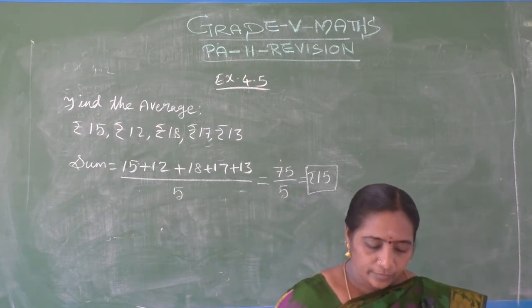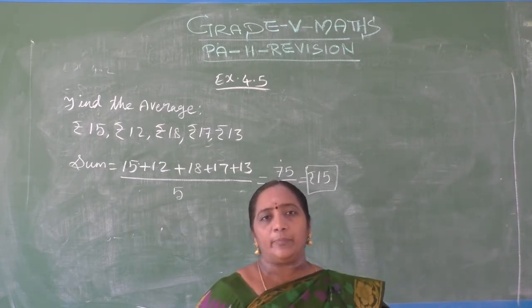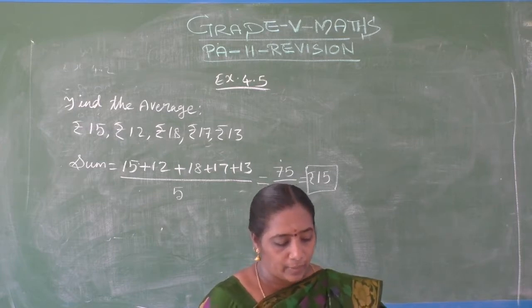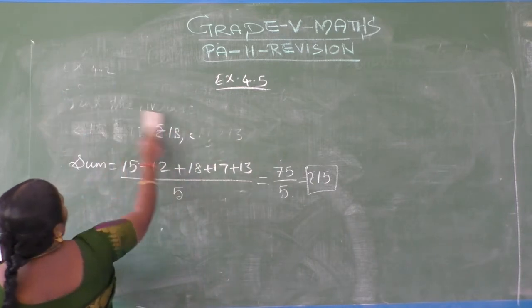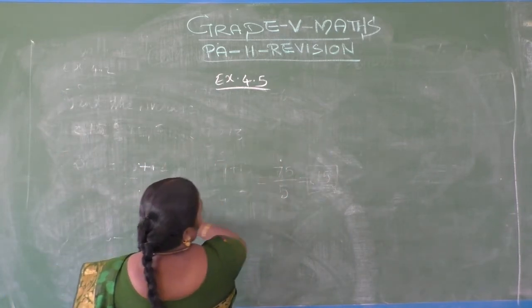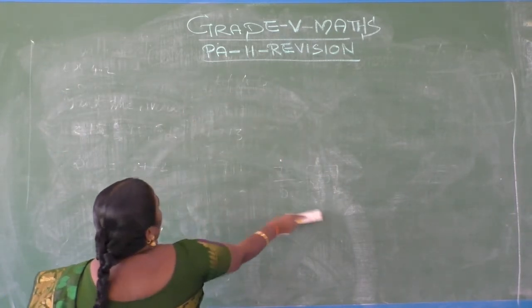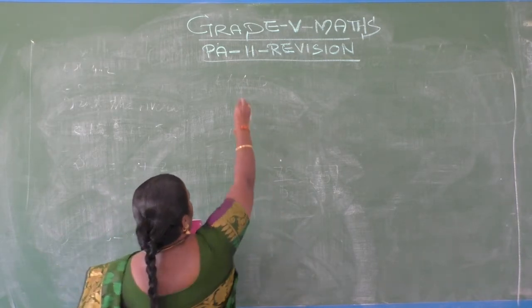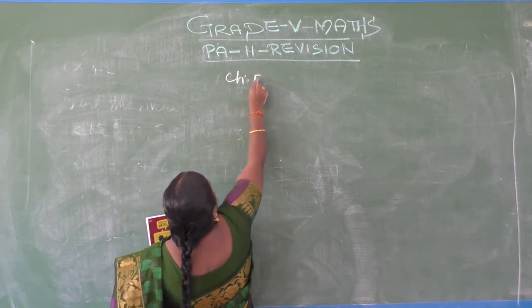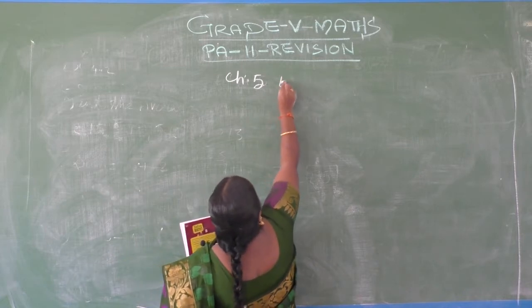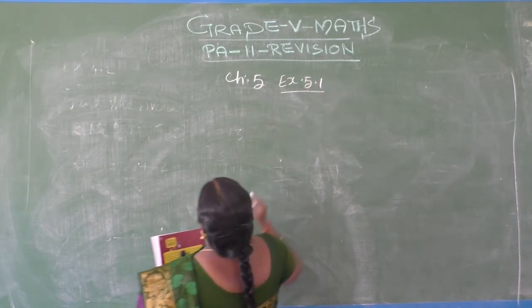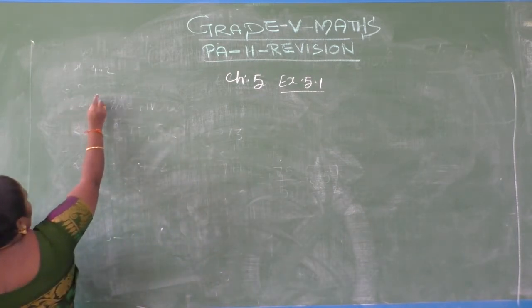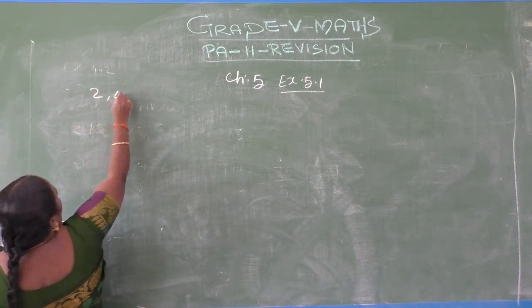Then common multiples. How will you find the common multiples? Suppose they ask to find the common multiples of 2 and 4.